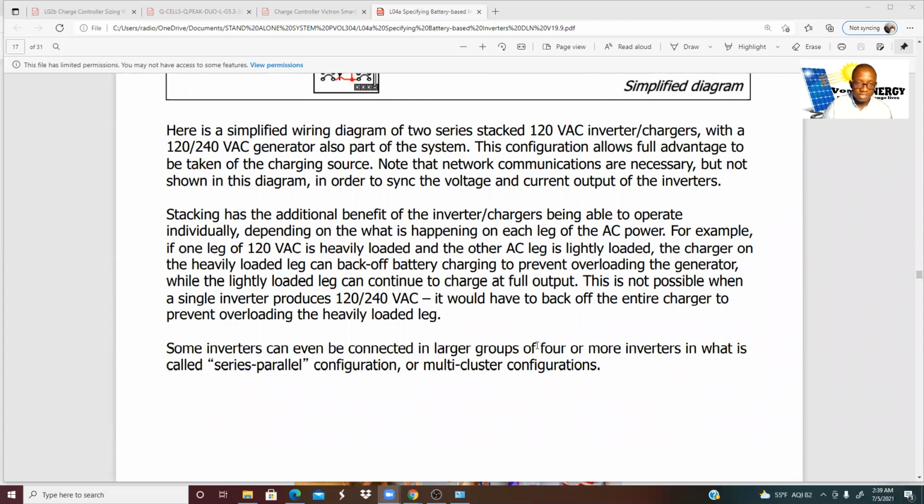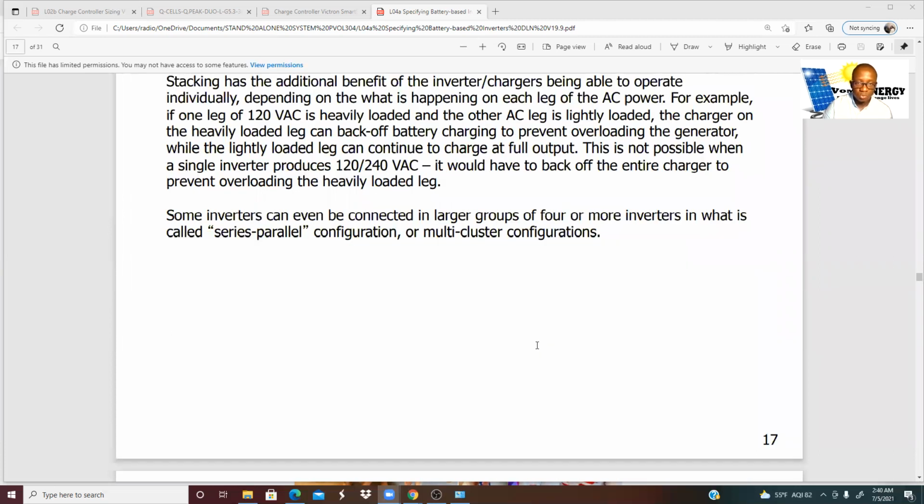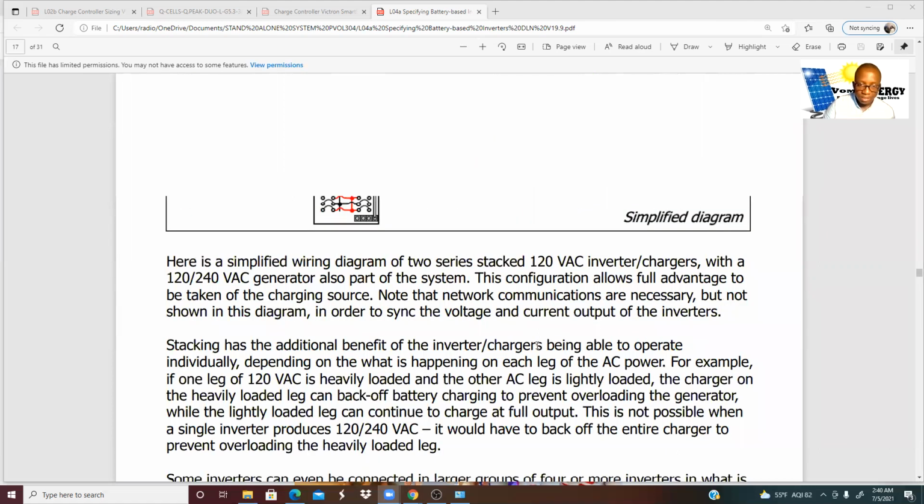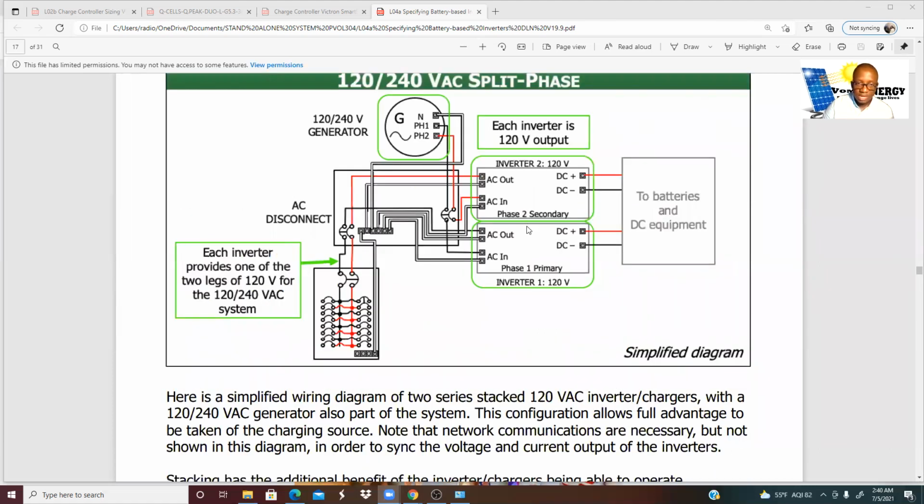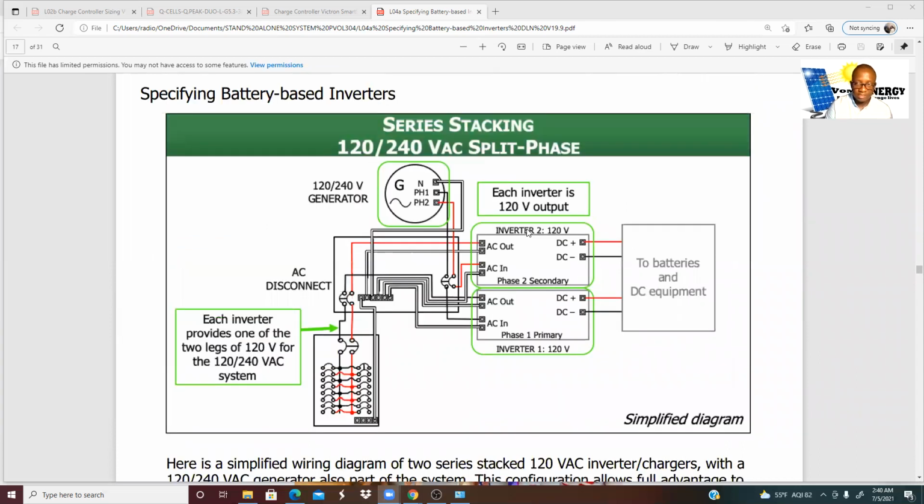Some inverters can even be connected in large groups of four or more inverters in what is called the series parallel configuration or multi-cluster configuration. So if you notice in this diagram here, unlike connecting PV modules or batteries, where you connect them together in order to form a series connection, when it comes to inverters, inverter number one has its feeds.